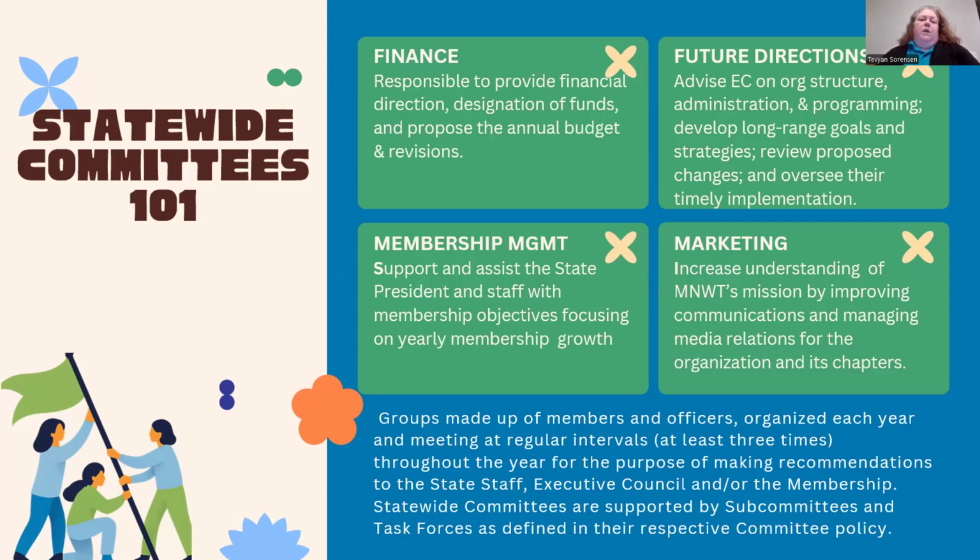But the Membership Management does exactly that. Their whole purpose, and these are the definitions from the bylaws, is to support and assist the state president and staff, typically the membership VP, with anything they need around membership and growing and maintaining, retaining our members.